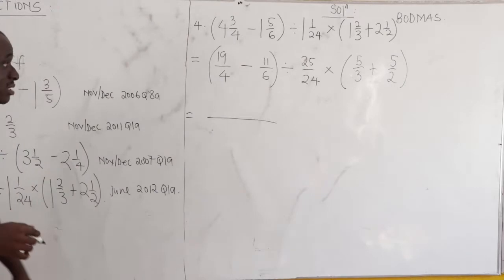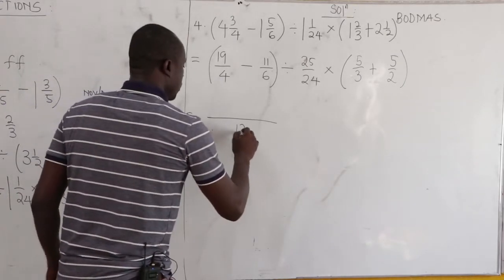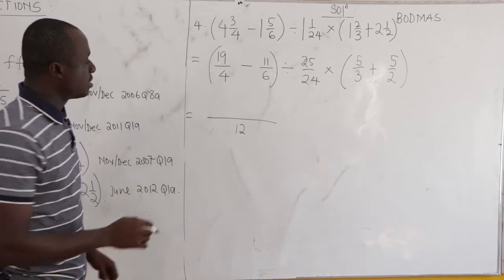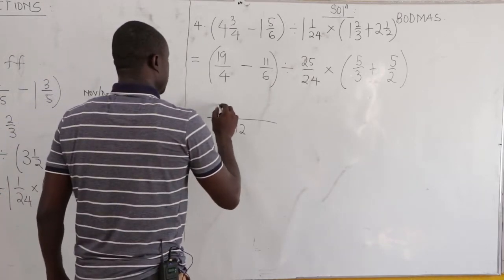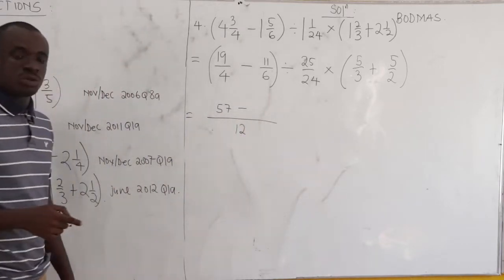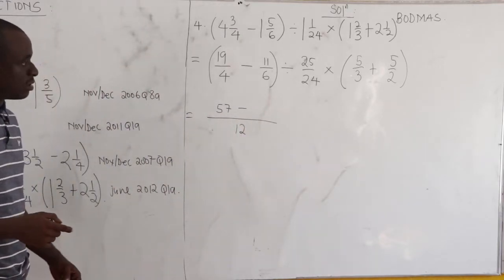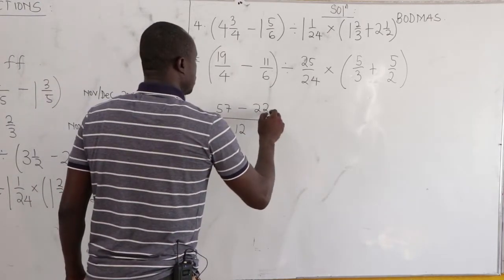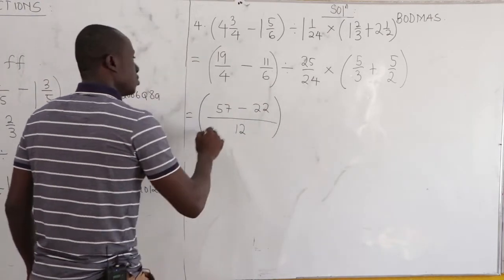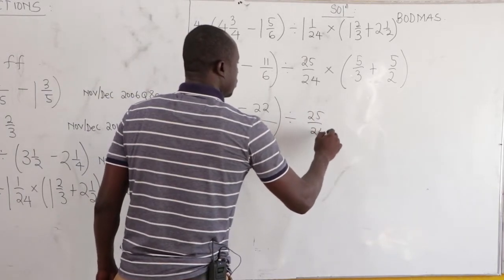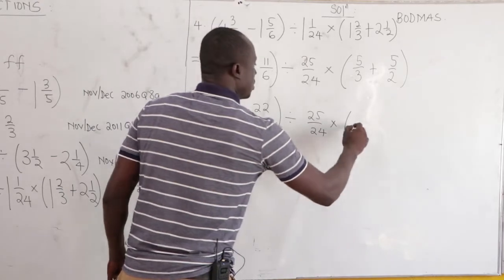Now, over here, what is the LCM? The first two terms, what's the LCM? The LCM is 12. How many times 4 go into 12? 3. 3 times 19, and this is just 57. Minus 6 will go into 12, that is 2 times 11, and this will give us 22. Divided by, we have 25 over 24 times, now let's find the LCM.